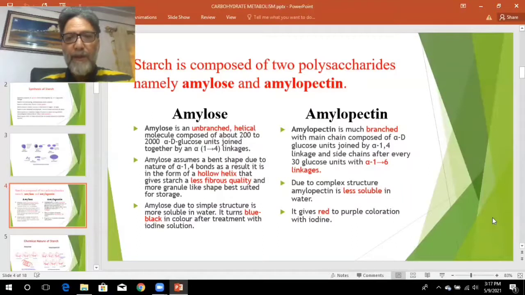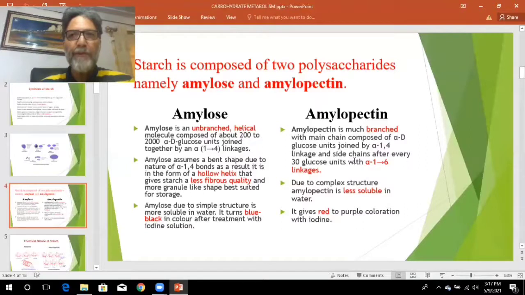Having said that, what is the difference with amylopectin? Well, amylopectin is much branched, with a main chain composed of alpha D-glucose units, same as amylose, but it has side chains after every 30 glucose units with alpha 1,6 linkages.